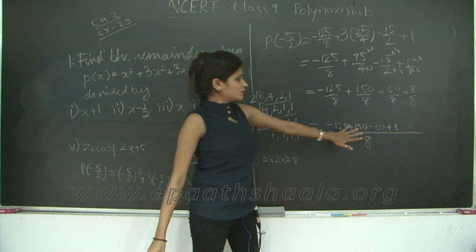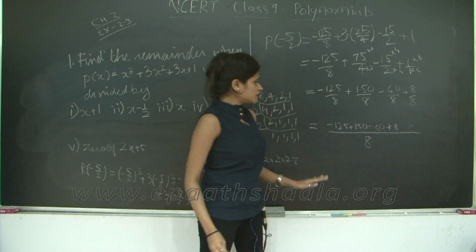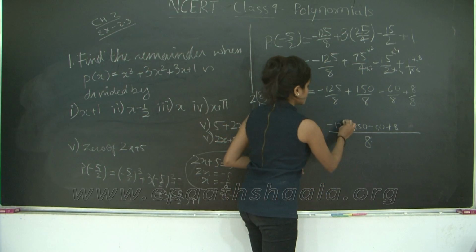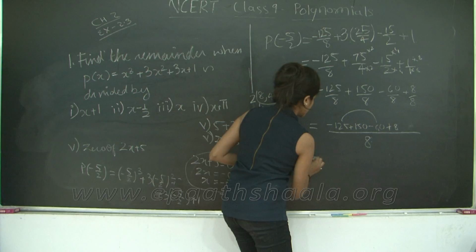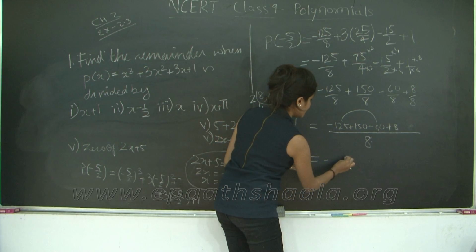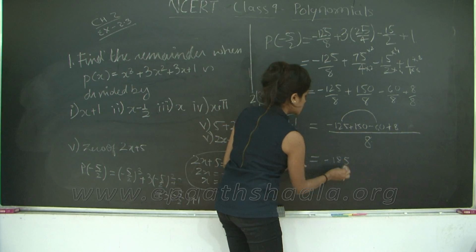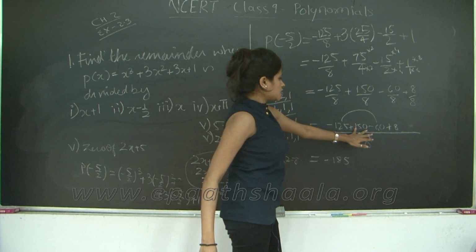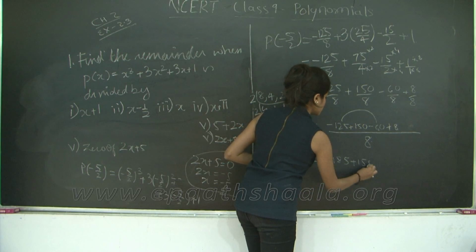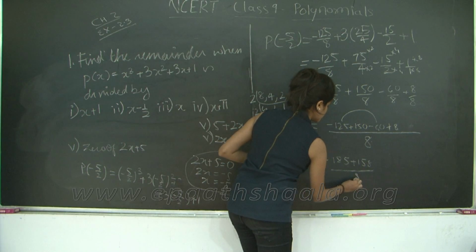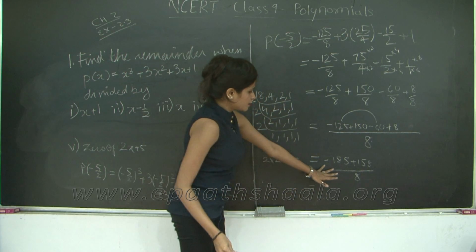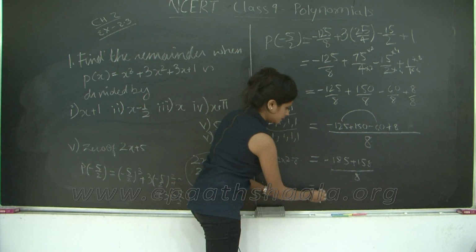Okay. So we have 2 negative numbers and 2 positive numbers. We will solve them separately. Minus 125 and minus 60 is going to give me minus 185, and plus 150 plus 8 is going to give me 158. Our answer would be negative because this is the greater number.